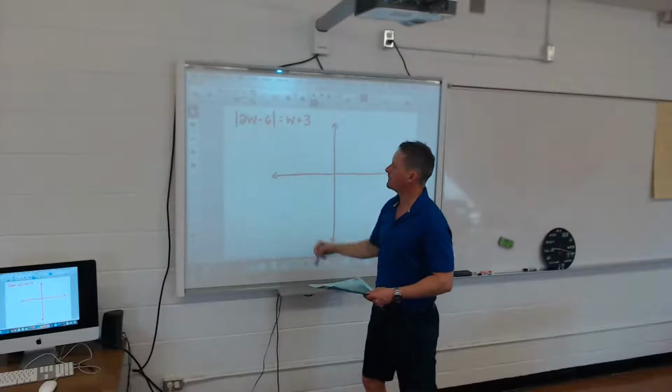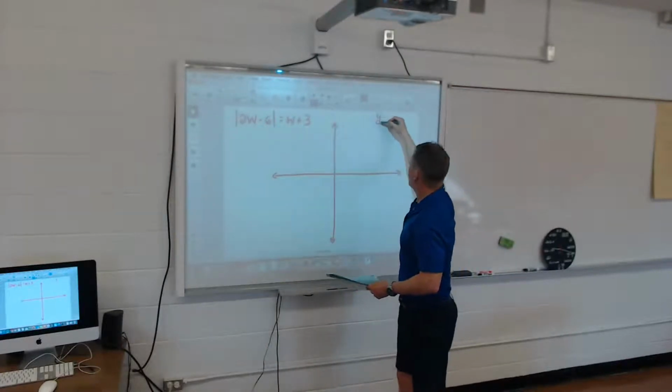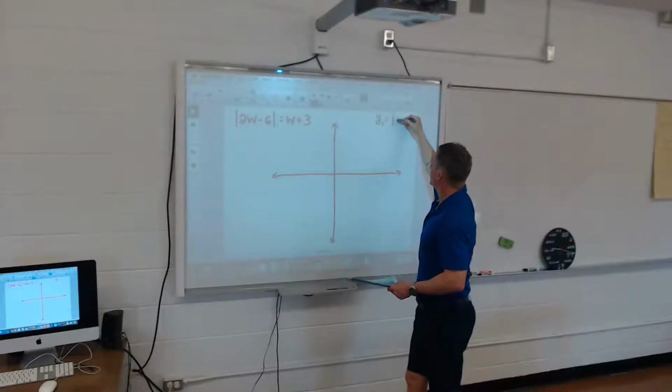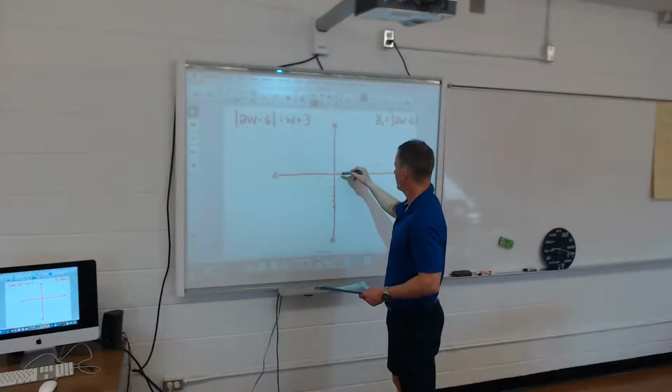Okay, so I'm going to graph the absolute value of 2w subtract 6 first. So y1 is absolute value 2w minus 6. So 1, 2, 3, 4, 5, 6 is right here. 1, 2, 3 is right here.